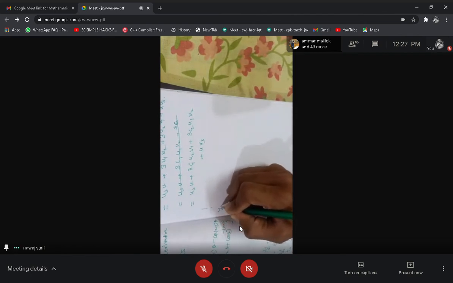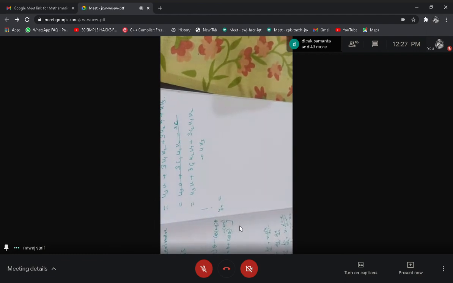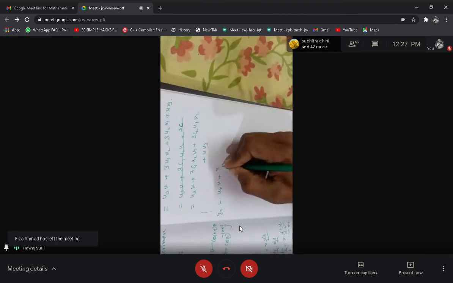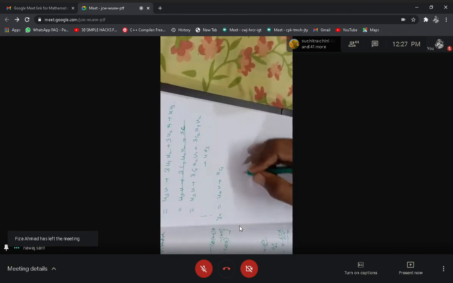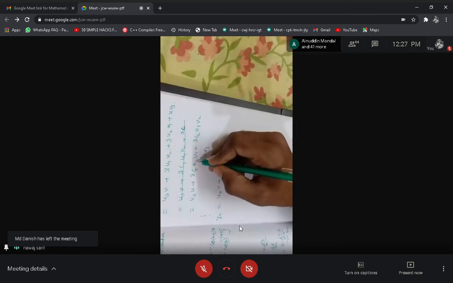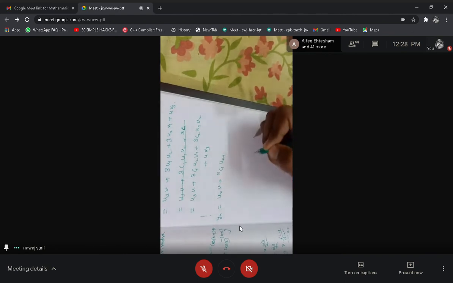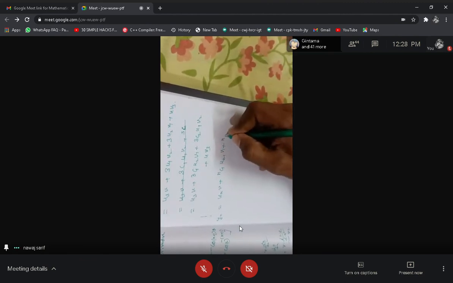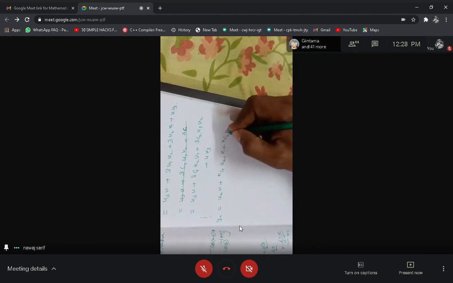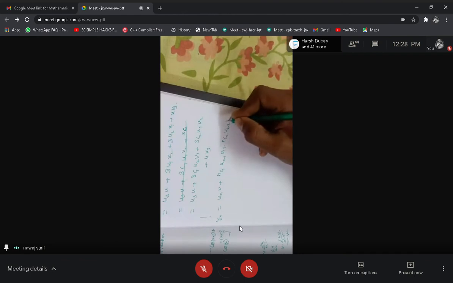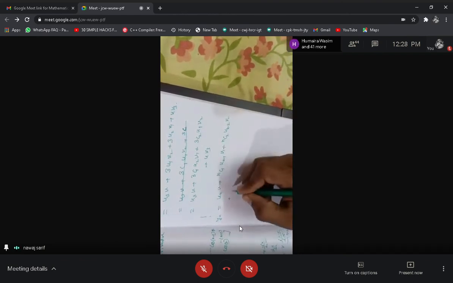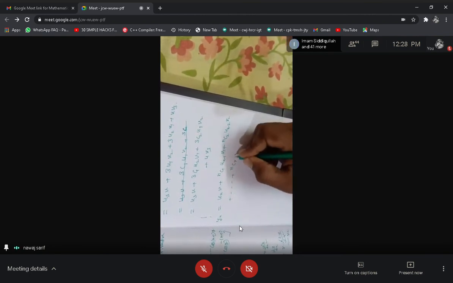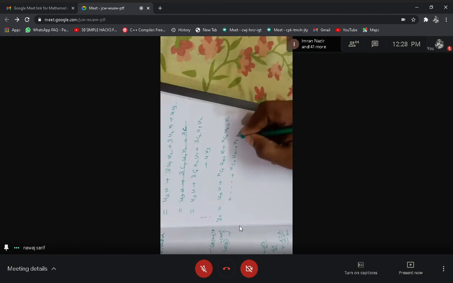So what will be the nth derivative of this function? unv plus nc1 u of n minus 1 v1 plus nc2 u of n minus 2 v2, plus up to ncr u of n minus r v of r, plus what will be the last term?